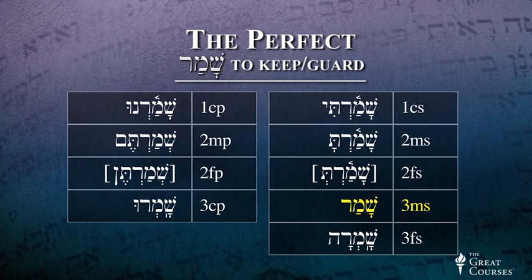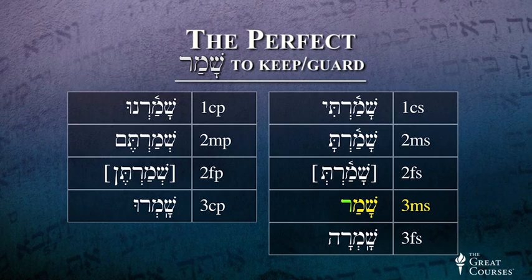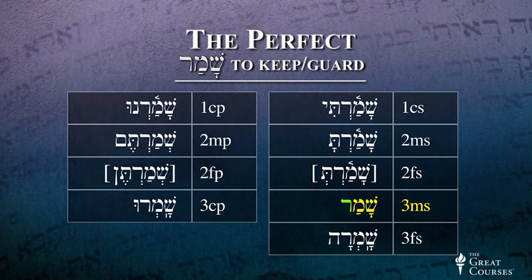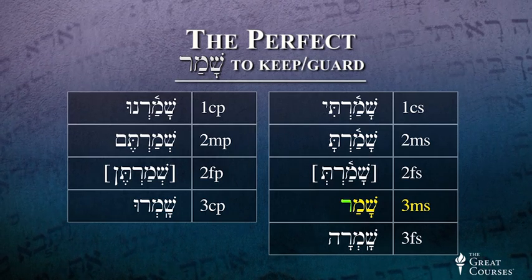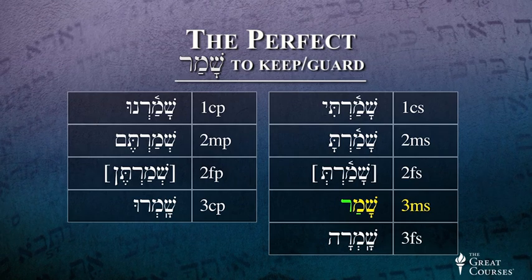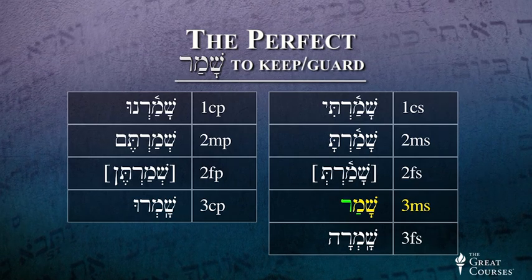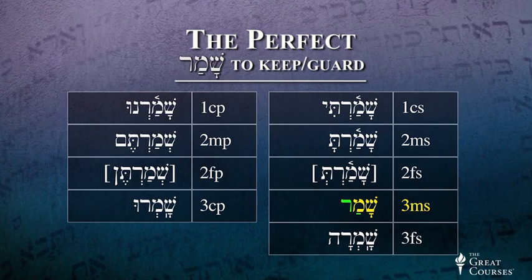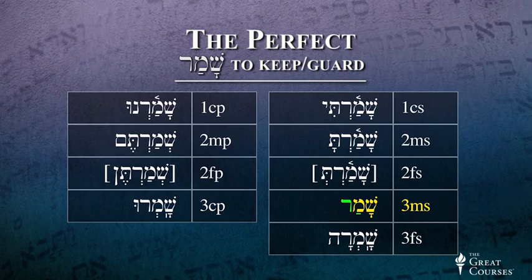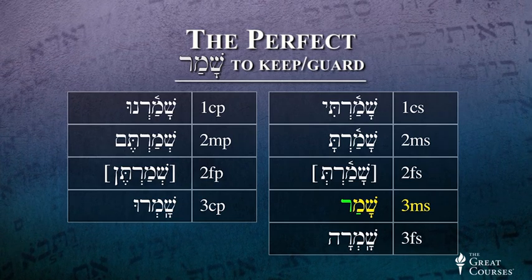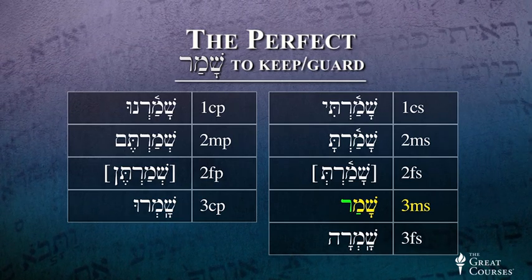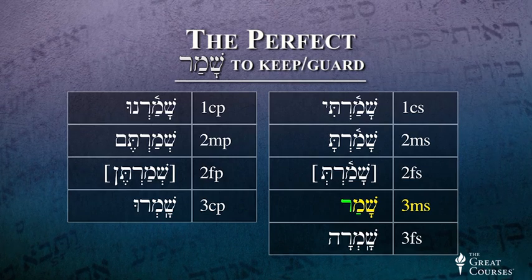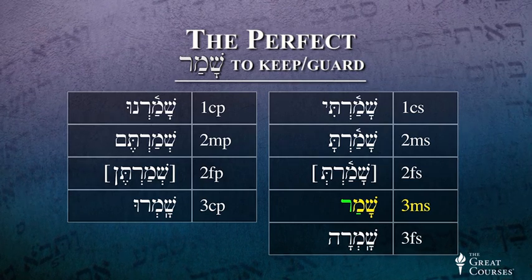That form doesn't have an ending, so when the third root letter is a guttural, it's the last letter of the word, and therefore has to have a patach before it. But if you look at that form, shamar, in our chart, you'll see that the vowel before the third radical is a patach all the time.